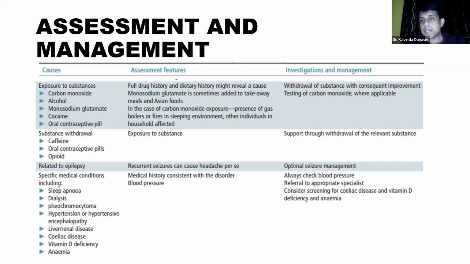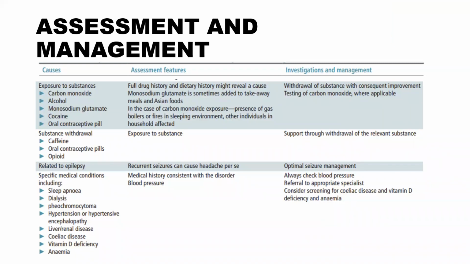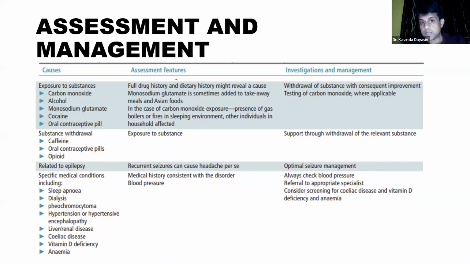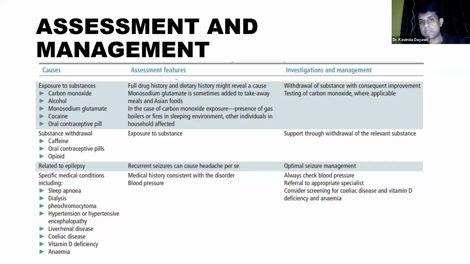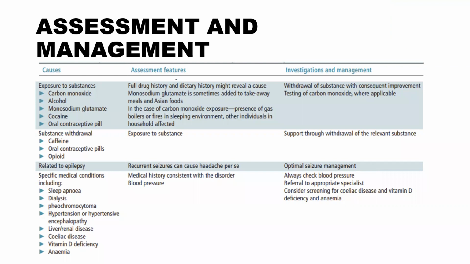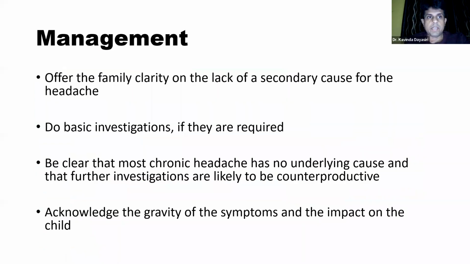And celiac disease in white populations, and vitamin D deficiency, which is very important in our part of the world. Vitamin D deficiency can present with headache, so it's worth looking at. And the presence of an underlying anemia is again one of the important causes of chronic headache. So these causes also need to be thought of while evaluating a child with chronic headache.